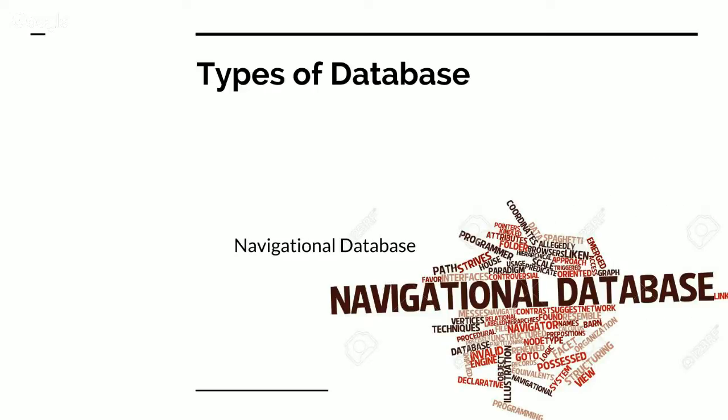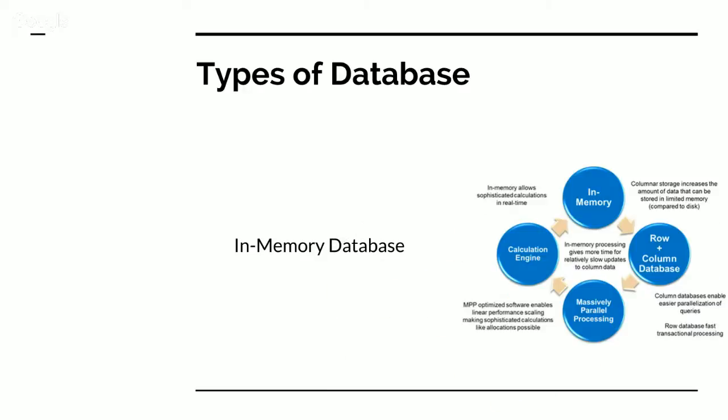Navigational database. A navigational database has all its items referenced from other objects. In this, one has to navigate from one reference to another or one subject to another. It might be using modern systems like XPath. One of its applications is air flight management systems. In-memory database. An in-memory database stores data in the computer memory instead of using a disk-based storage system.